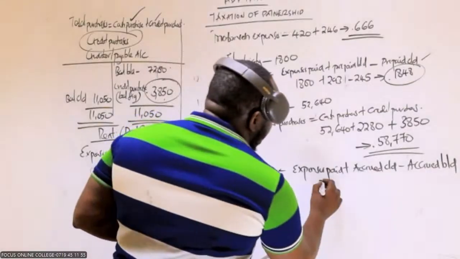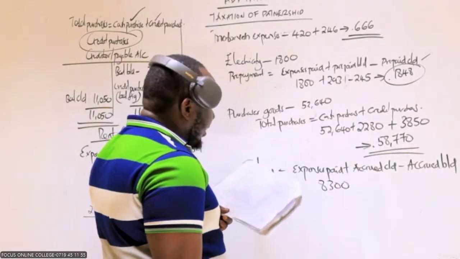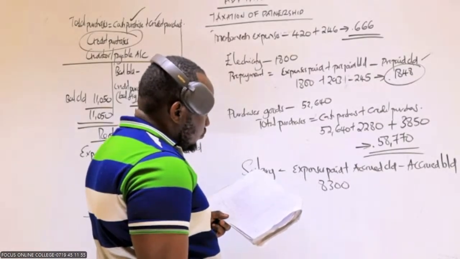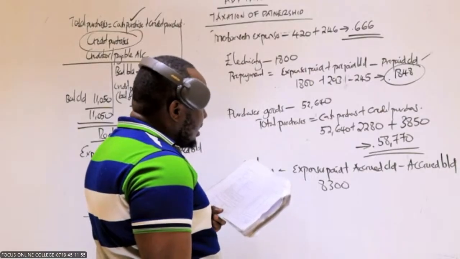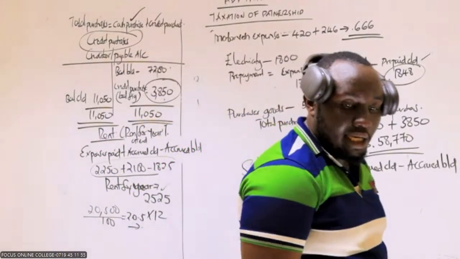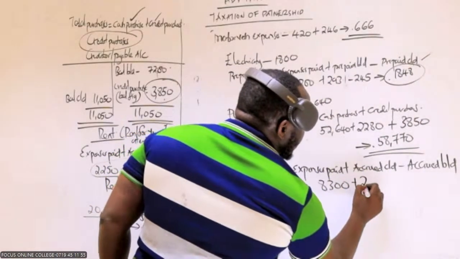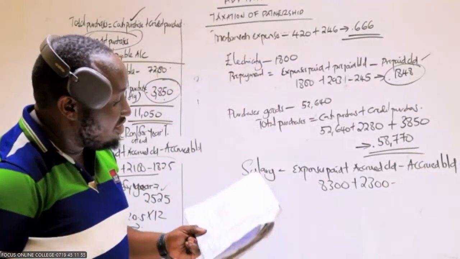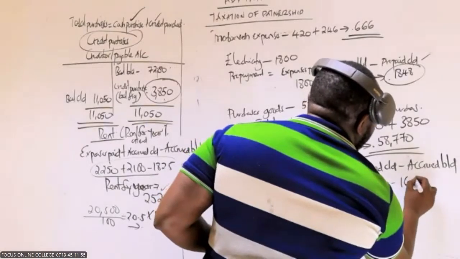The salary is 83. Is there anything that was paid in cash? What is the accrued carried down? Somebody give me the accrued carried down for the salary. That should be a figure of 23. So then we have accrued brought down. What is the figure for the accrued brought down? That is a figure of 160.